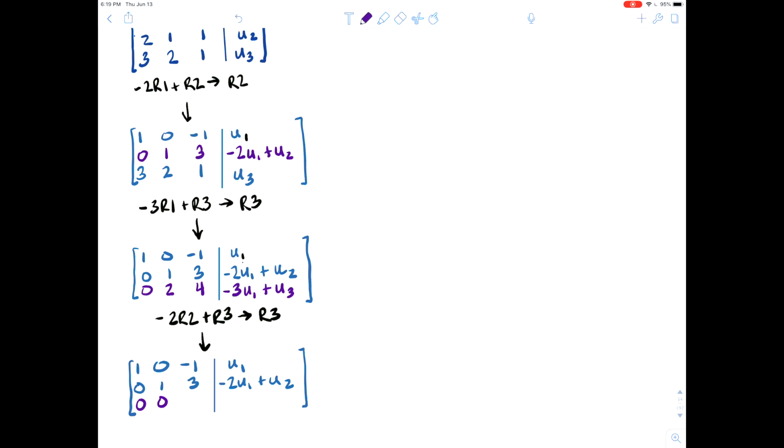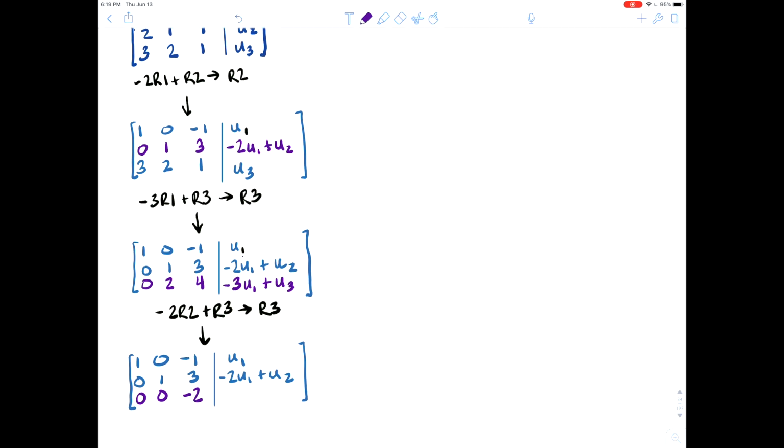And then negative 2 times 3 is negative 6, plus 4 would give us a negative 2. And then negative 2 times negative 2u1 gives us 4u1. And then adding negative 3u1 will give us just u1. Negative 2 times u2 plus 0 u2s gives us minus 2 u2s. And then I'll have the plus u3 still hanging out.